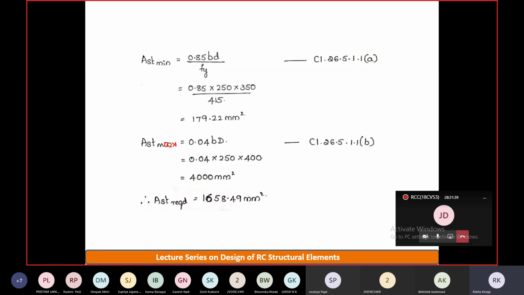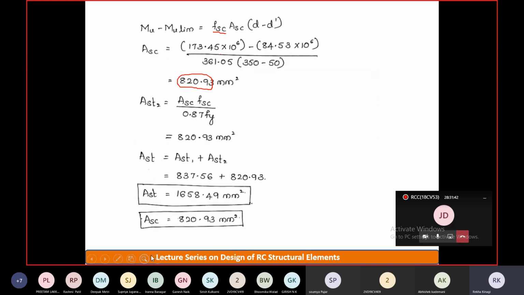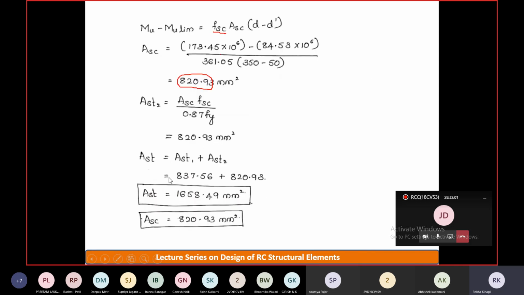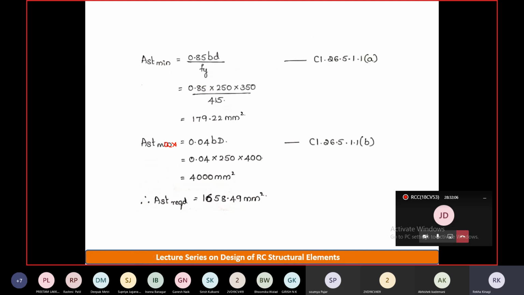If AST calculated is less than AST minimum, then AST required would be equal to AST minimum. And if AST maximum is less than AST calculated, then we are supposed to redesign the section. So these two conditions need to be satisfied.